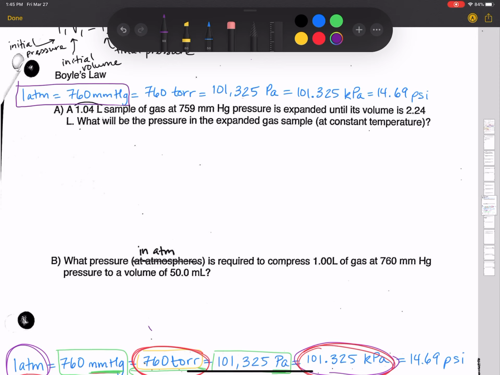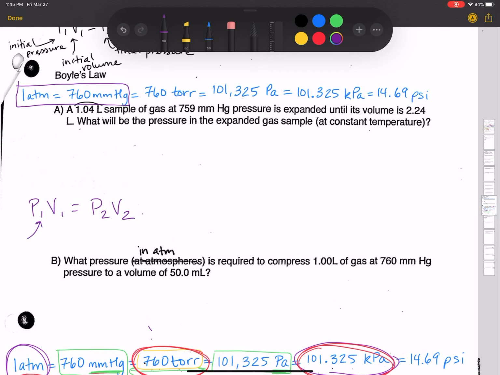There's going to be a little bit more unit conversions that you need to do and a little bit more focus on understanding what the question is asking, and who's your first, your P1, V1, and who's your after, P2, V2. So remember, you can always refer to this as P1, V1 equals P2, V2.